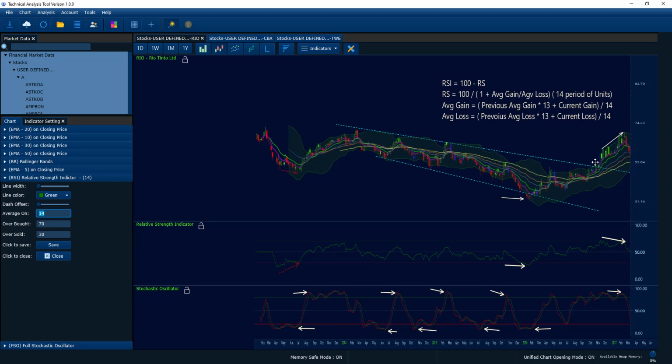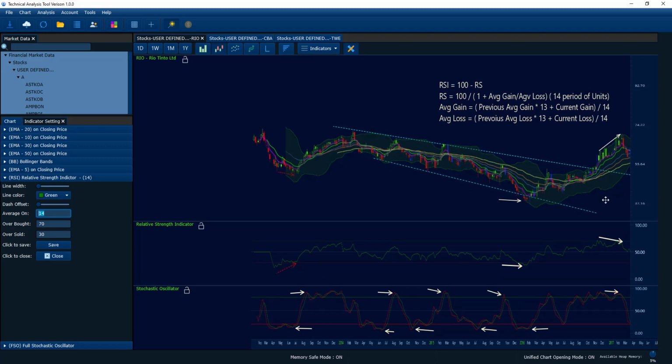Okay. We already talked about the bullish divergence, and honestly, this type of bullish divergence you can't see very often in the charts. Once you see it, you need to pay attention and analyze it carefully. But this type of divergence comes up very often.